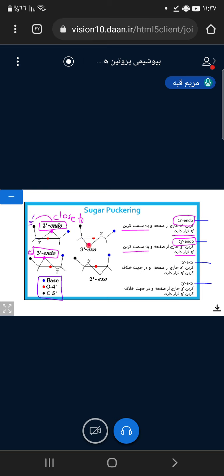In 3' exo, carbon 3' is far away from carbon 5'. So the conformation is 3' exo. کانفورماسیون 3' اگزو یعنی کربن 3' دور از کربن 5' قرار گرفته.